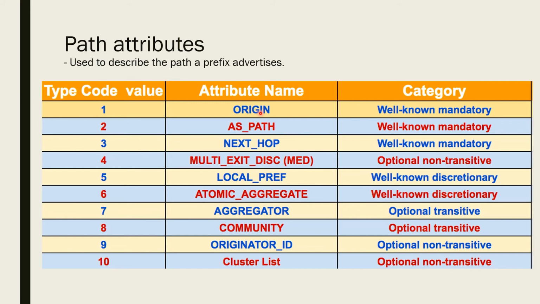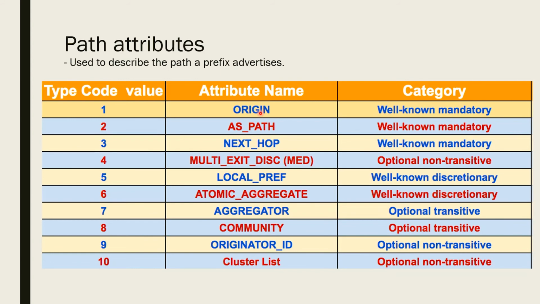You then also have the AS path, which I've mentioned. It's basically the path of ASs that you go through to get to the destination. You have the next hop, so that is identifying the IP address towards which the receiving device should send traffic for that destination prefix. You've got a multi-exit discriminator, or what we shorten to MED.